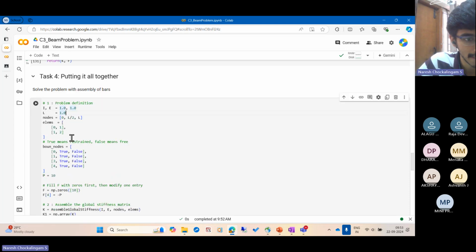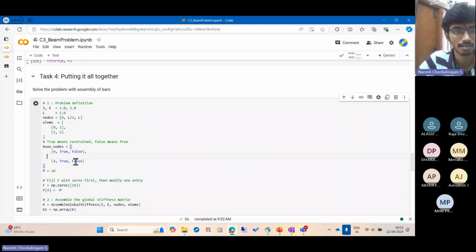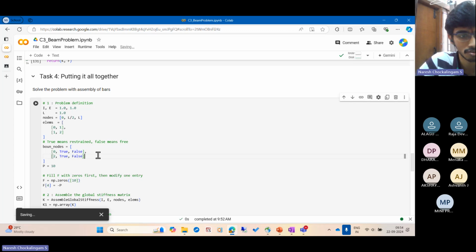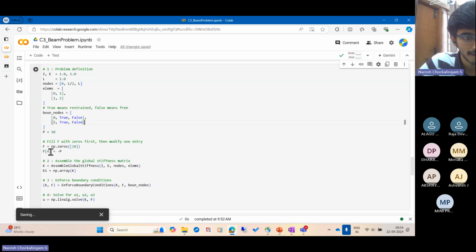These things are not going to change. Boundary nodes: in the first one, you restrict displacement, and in the last one, only these two are there. There are only 2 elements, 3 nodes. The last node is the third node, so in Python notation it's 2. And it's not f of 4, it's f of 2. So f of 1.